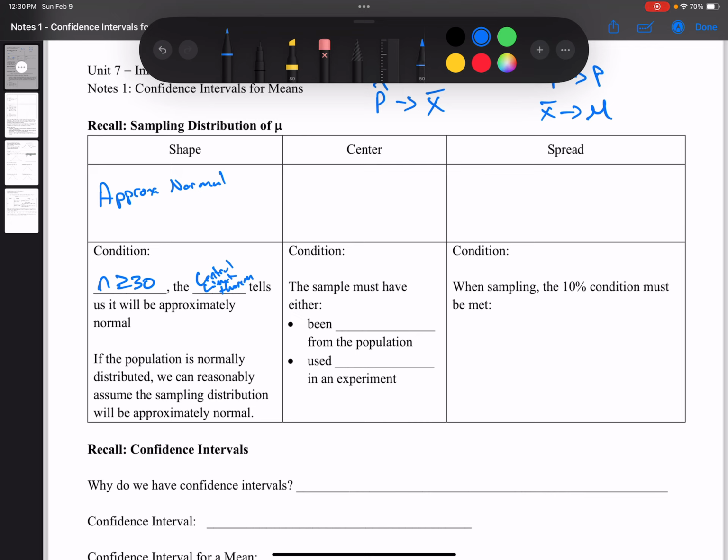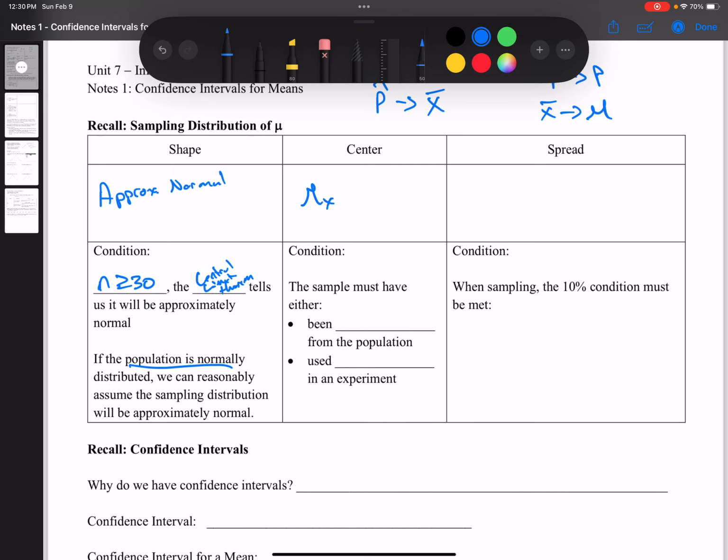But if we have an n less than 30, we have to check to see if the population is normally distributed, and that will be given to us in the problem somewhere. Okay, because if the population is normally distributed, then we can reasonably assume that the sampling distribution will be approximately normal.